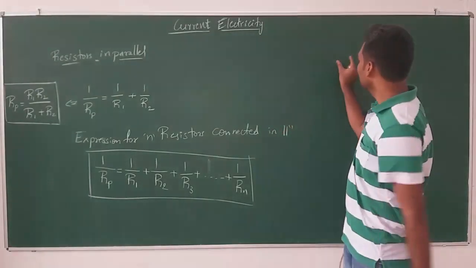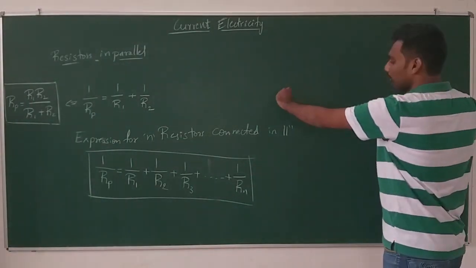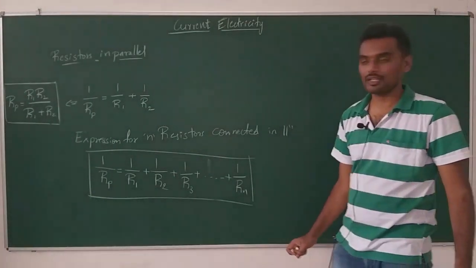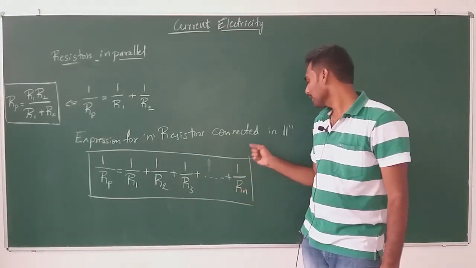So, it is somewhat like R1, R2, R3, R4, R5 and so on connected in parallel to a battery. Okay. So, this is the expression for n resistors connected in parallel.